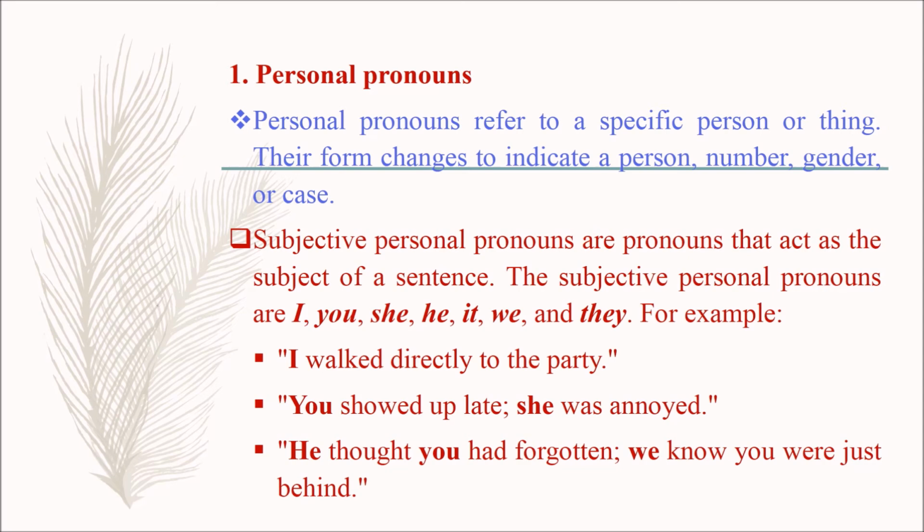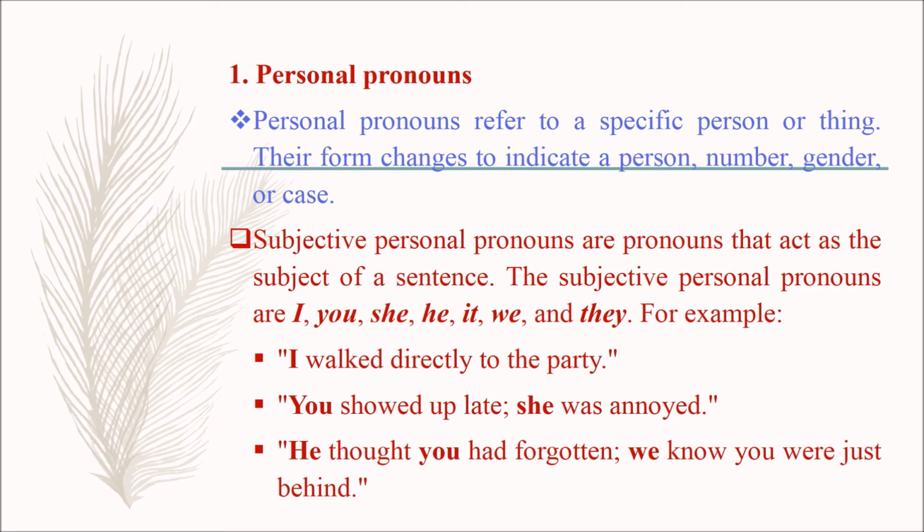Subjective personal pronouns are pronouns that act as the subject of a sentence. The subjective personal pronouns are I, you, she, he, it, we, and they. For example, I walked directly to the party.